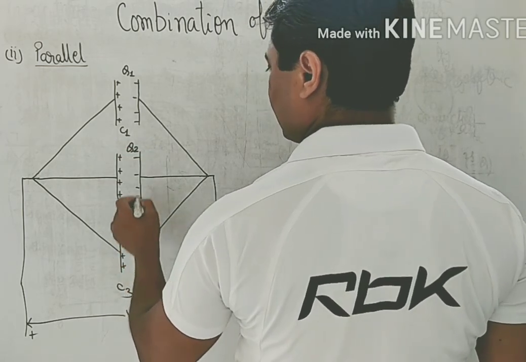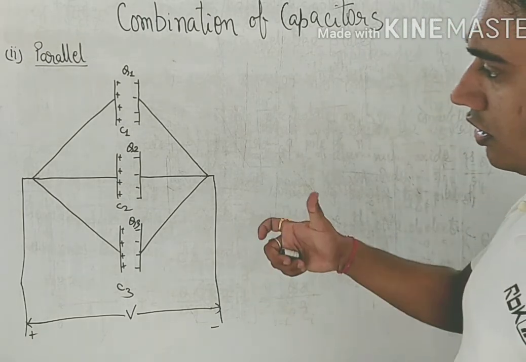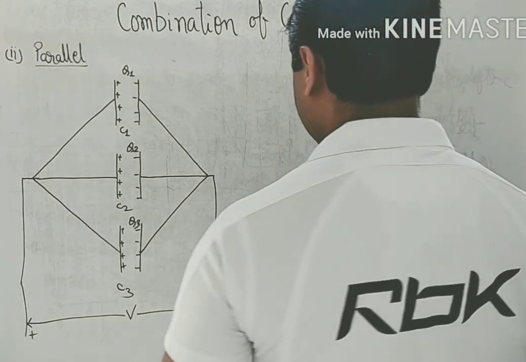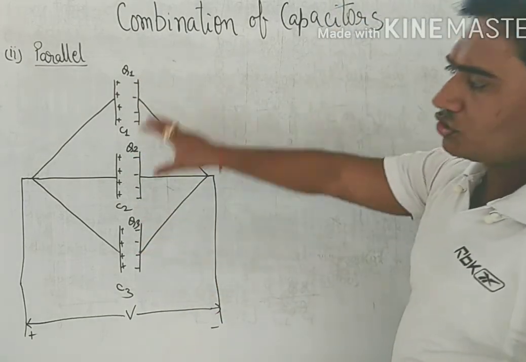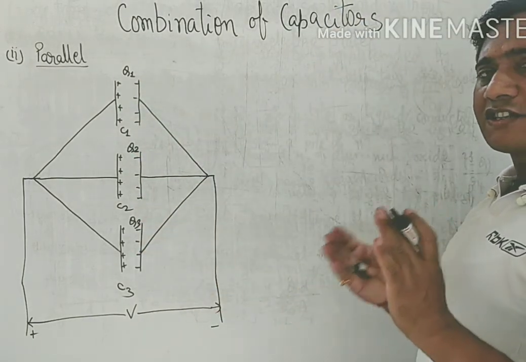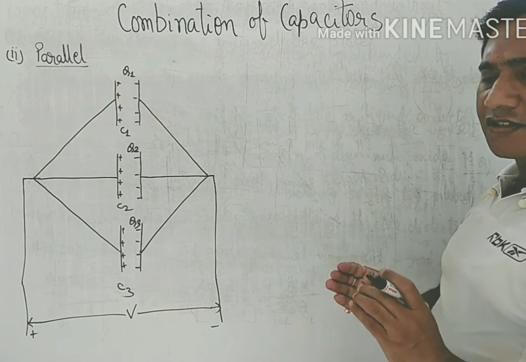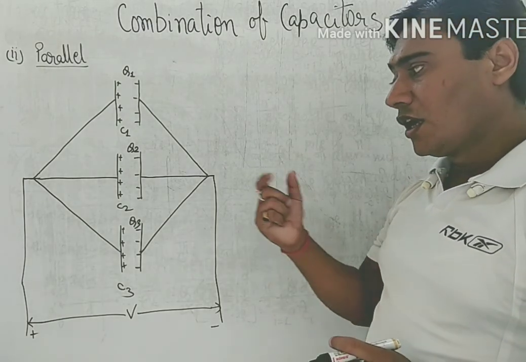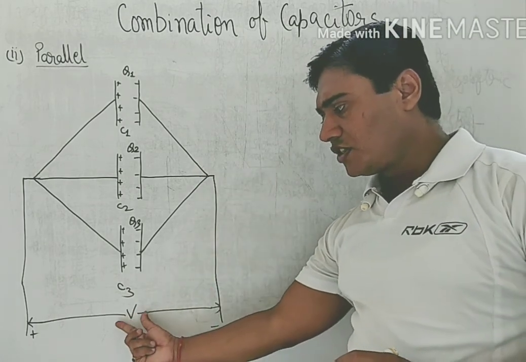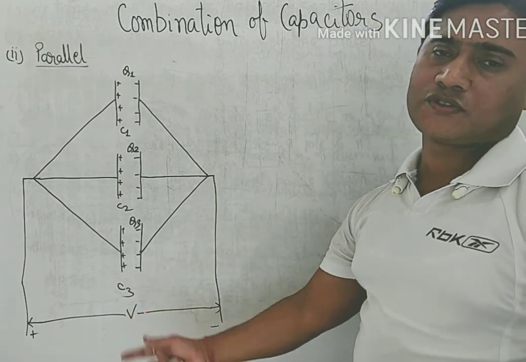So these are the charges stored across the capacitors connected in parallel. Now say this combination of three capacitors is replaced by a single capacitor having capacity Cp and is further fed with the same potential difference source.